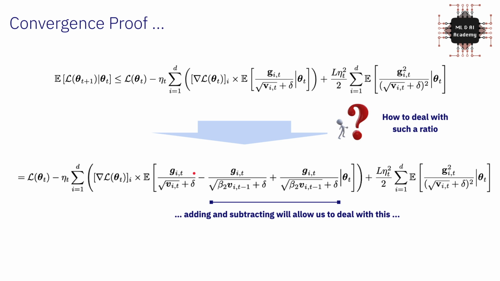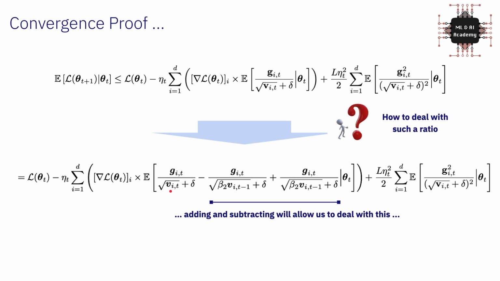So what are these terms? They added g_it over the square root of β₂v_i(t-1) plus delta, and subtracted the same g_it over the square root of β₂v_i(t-1) plus delta. Of course, these are the same terms, so adding and subtracting means 0, so that equation is not changed. And now you might have a glimpse of what's going on, because remember, there is some relation between v_it and v_i(t-1).